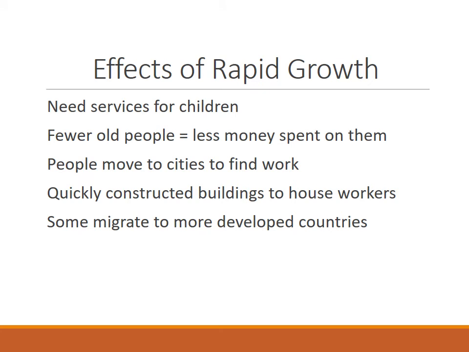So depending on if you're in a stage 2 or stage 5 country, experiencing rapid growth in stage 2 or slow or maybe even negative growth in stage 5, it's going to have different effects on your country that we should examine a little bit. The effects of rapid growth might include a greater need of services for children, right? Things like more schools or daycares to take care of this large dependent population.